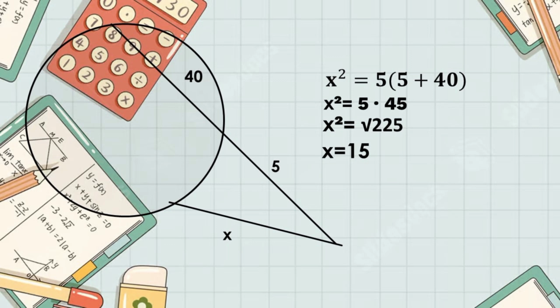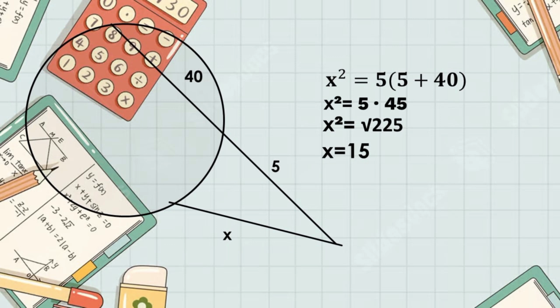So x squared equals 5 times 45, because 5 plus 40 equals 45. Then x squared equals 225. We take the square root, so x equals 15. So that is secant and tangent segment.